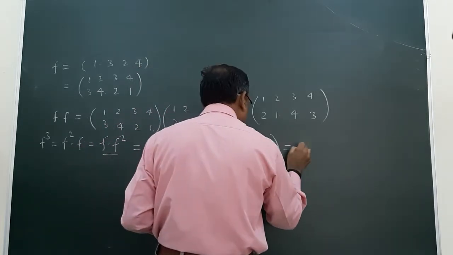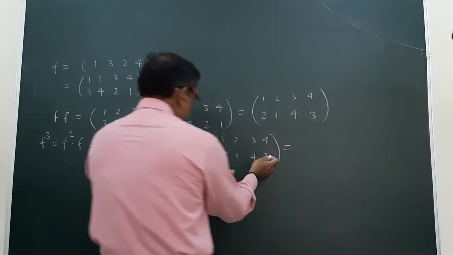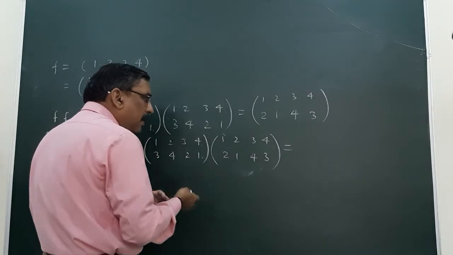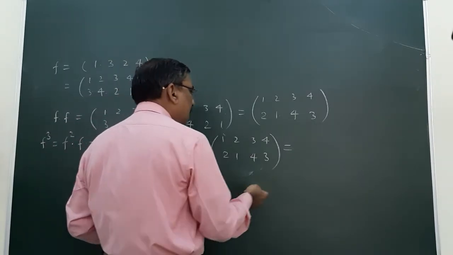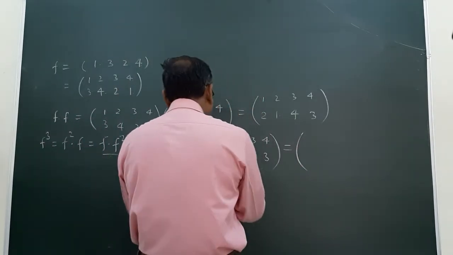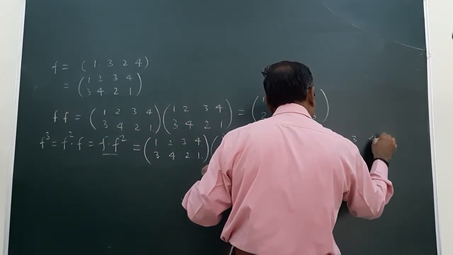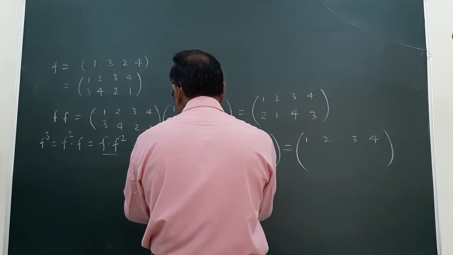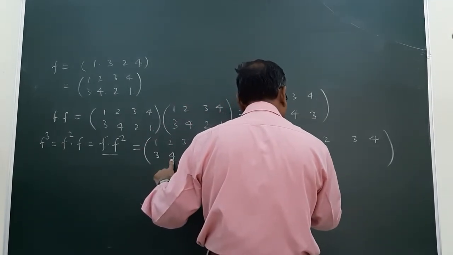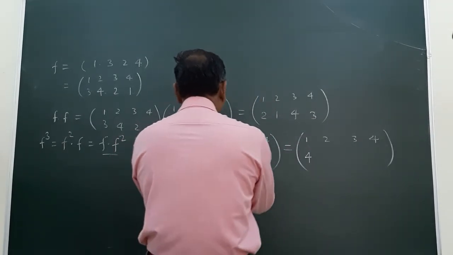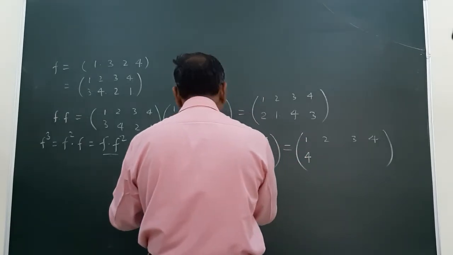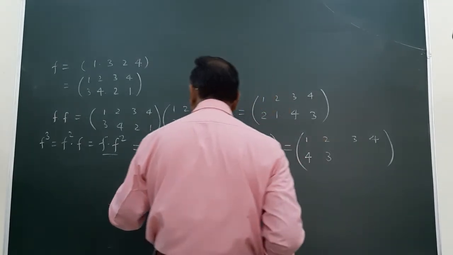We arrange and multiply all that, but I can straightforwardly write: the image of 1 is 2 and the image of 2 is 4 here, so I can write 4. The image of 2 is 1 and the image of 1 is 3, so the image of 2 is 3.